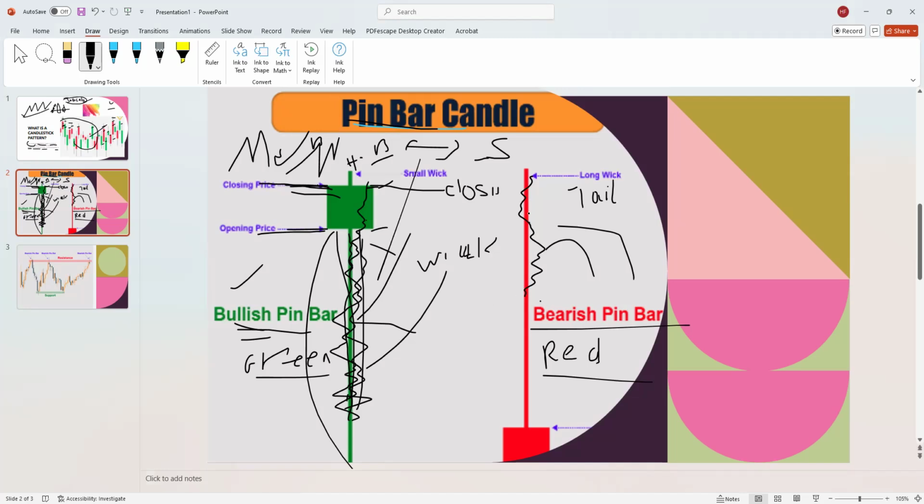When it pushes the price back down, it forms a small body, and the price closes down here. The seller pushed the price all the way down here, so it closed there.